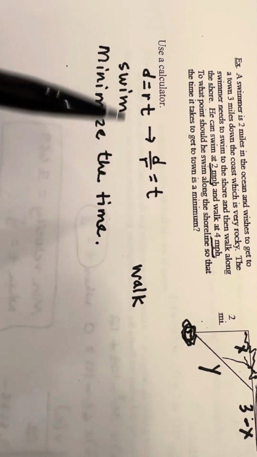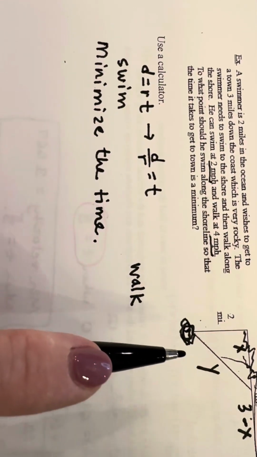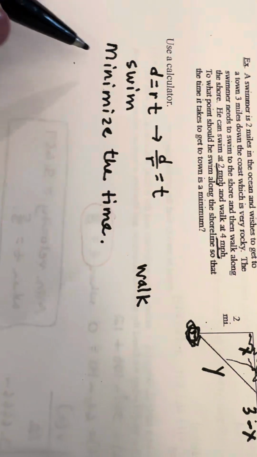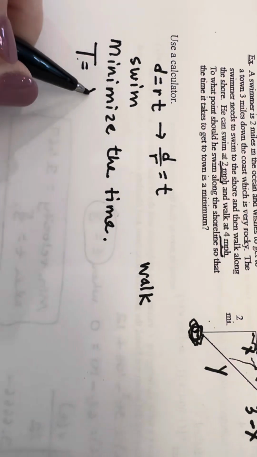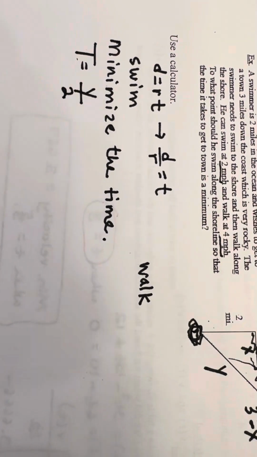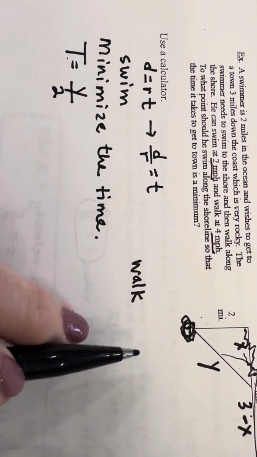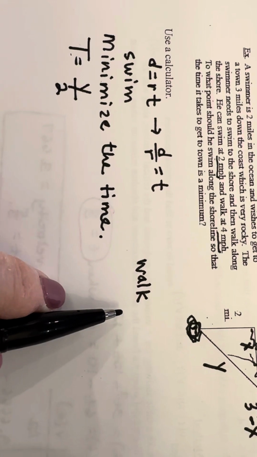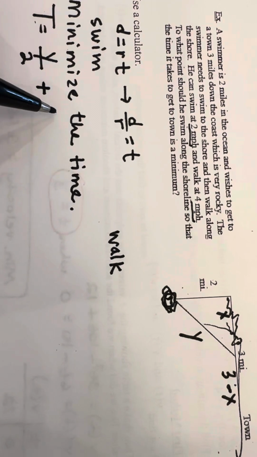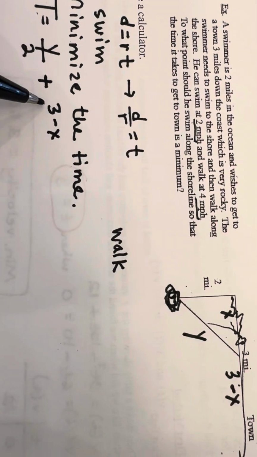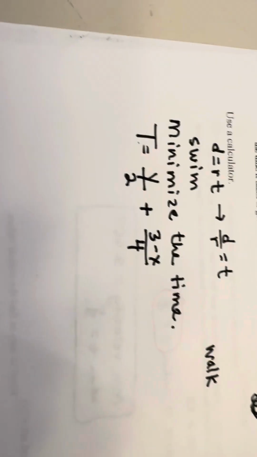The distance he swims is y over that rate, so your swim time will be y over 2. And then when you're walking, that distance is 3 minus x, so you add 3 minus x over the walking rate, which is 4. This is how you come up with that equation.